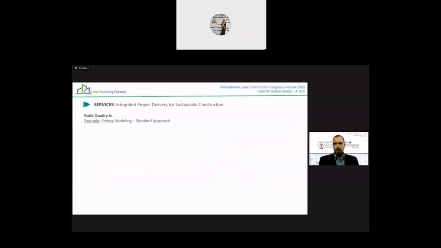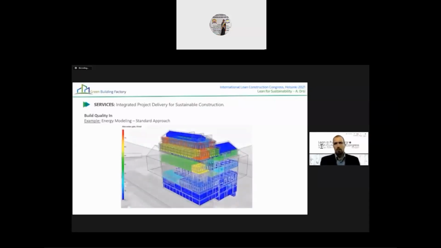We implement also another approach. We try to build quality within the process, and I come back to the energy modeling standard approach. The energy modeling, for those who are not familiar with it, is a model of the building that tells you the building performance from the energy point of view.